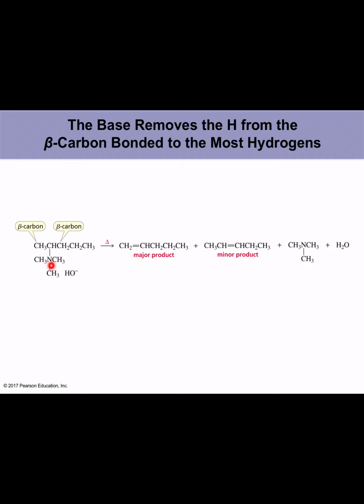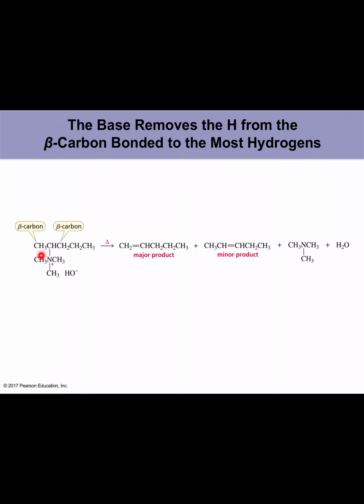So this nitrogen and this carbon, and this carbon has another carbon, and this carbon also has another carbon. So meaning there are 2 beta carbons. This is one beta carbon, this is another one. So then we need to know which one the base is going to remove the hydrogen from. So the base removes the hydrogen from the beta carbon bonded to the most hydrogens.